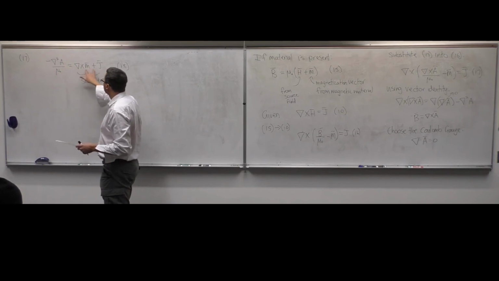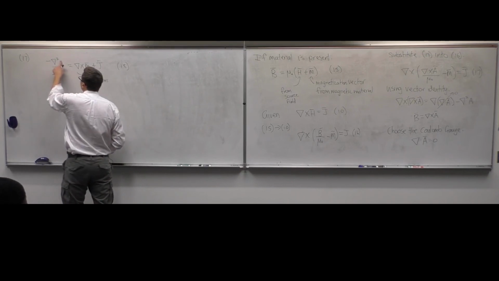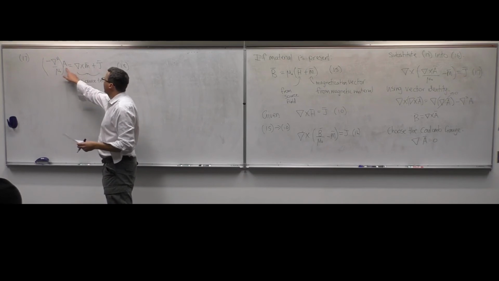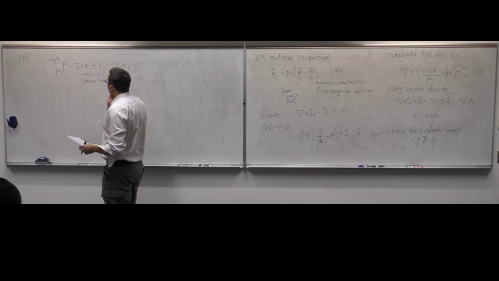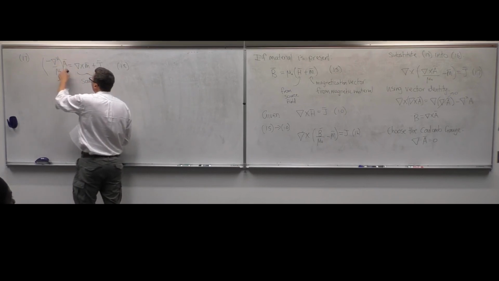So now this is the source. The operator is this, the del squared over the mu naught, and the unknown is A. So we need to figure out what that A is.